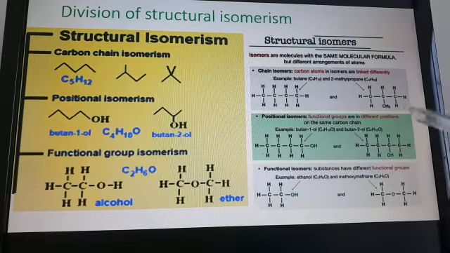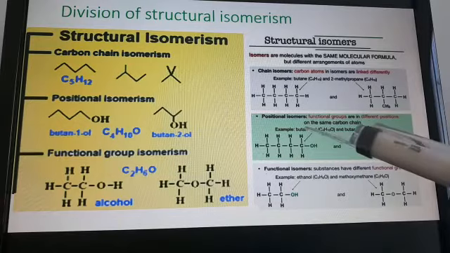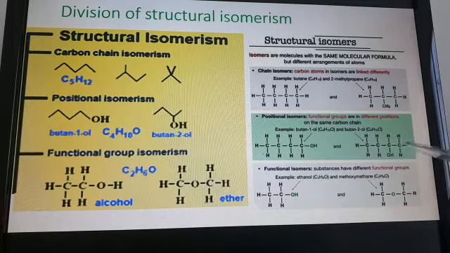That is positional isomerism, and their systematic names reflect this. For example, butan-1-ol and butan-2-ol.